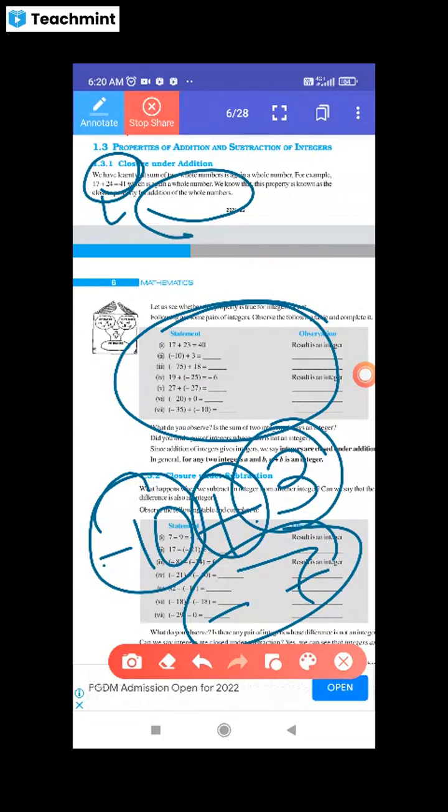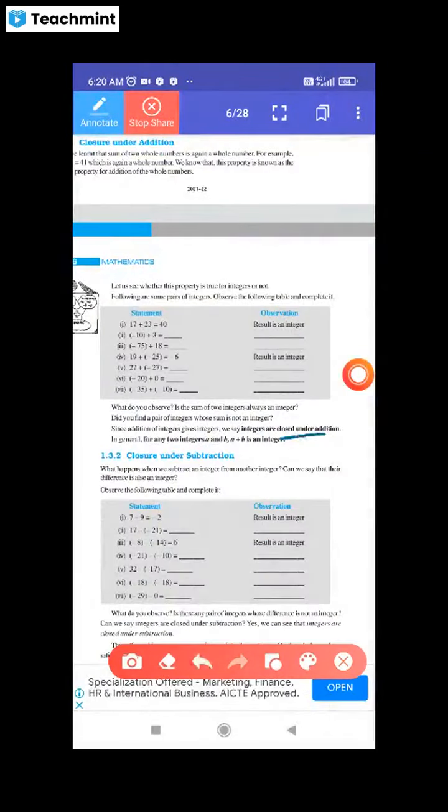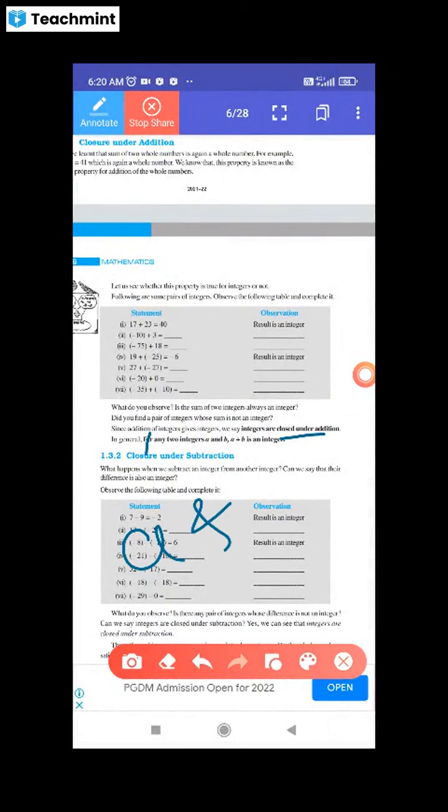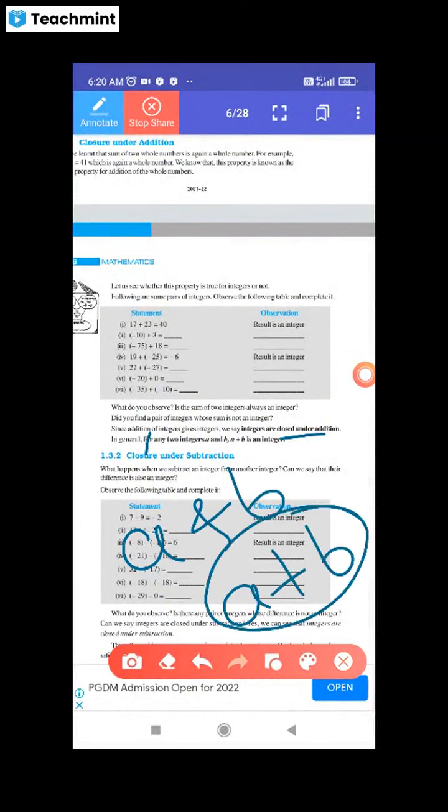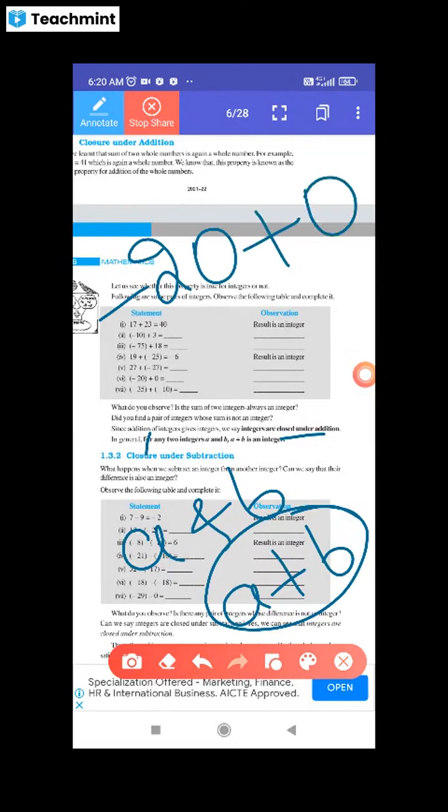See here. So integers are closed under addition. In general, for any integers a and b, a plus b is also an integer. For example, minus 20 is an integer and 0 is also an integer. After adding these two, what answer will you get? Minus 20 itself.